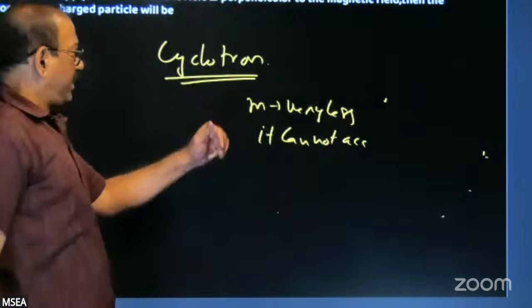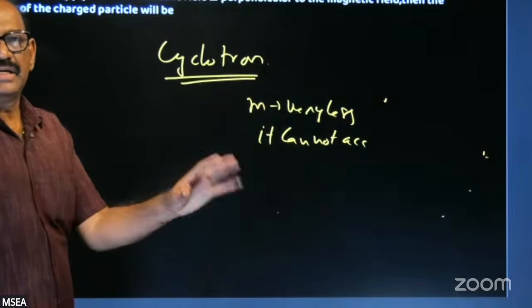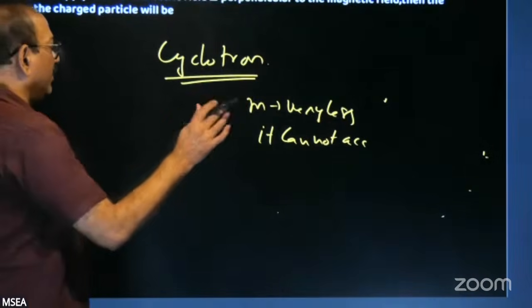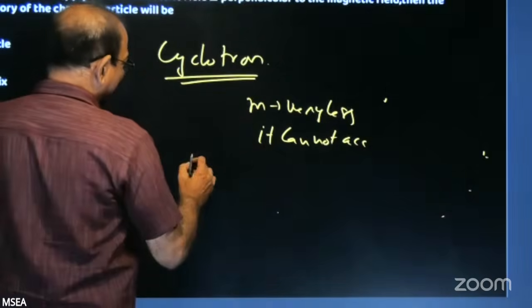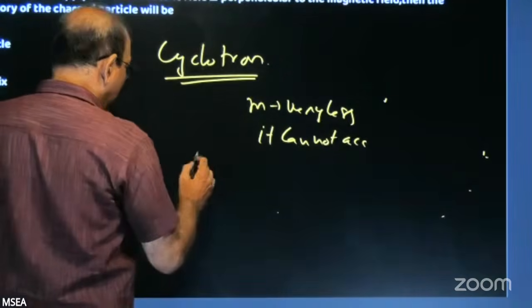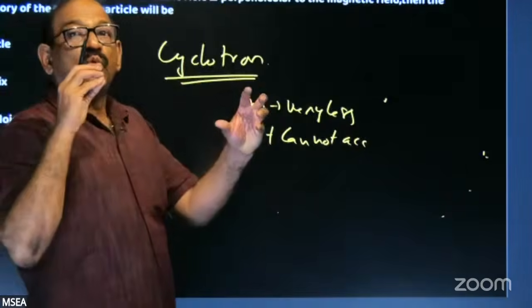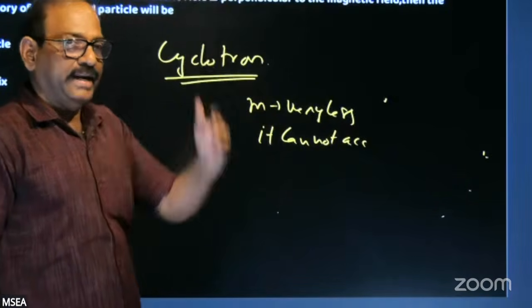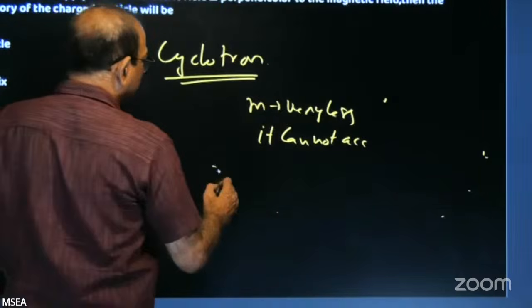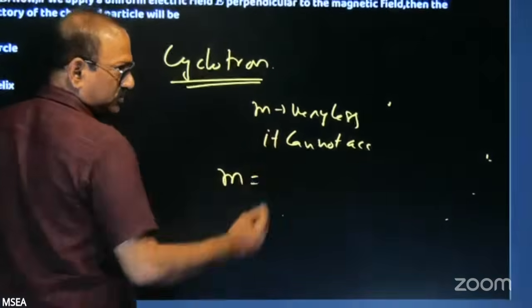Reason is, according to Einstein's relativistic theory, whenever a particle is in motion with high velocity comparable to the velocity of light, its mass changes, increases.